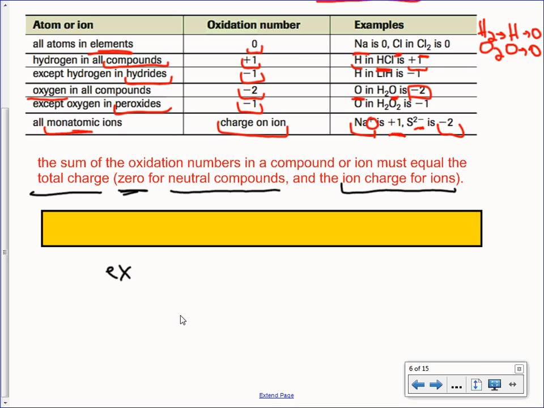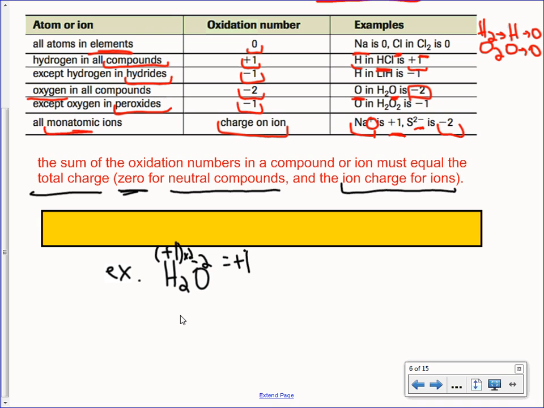just very quickly, for example, with H2O, as we just discussed from the chart up above, the oxidation number for oxygen is going to be -2. For hydrogen, the oxidation number will be +1. Since we have 2 hydrogens, we multiply that number by 2, and if we take the sum of our oxidation numbers, it will equal 0.